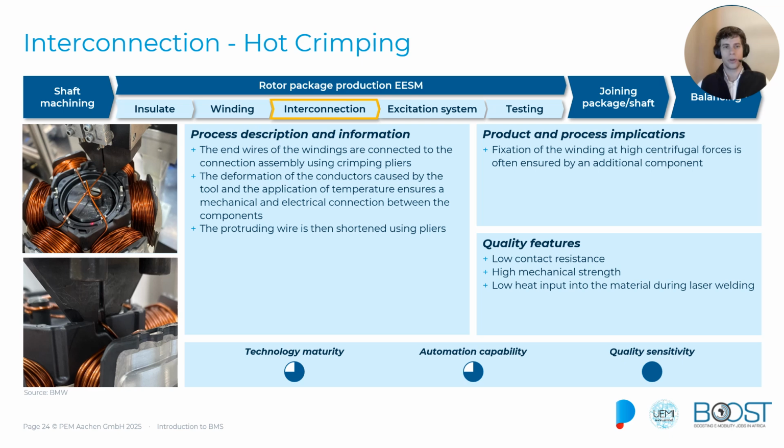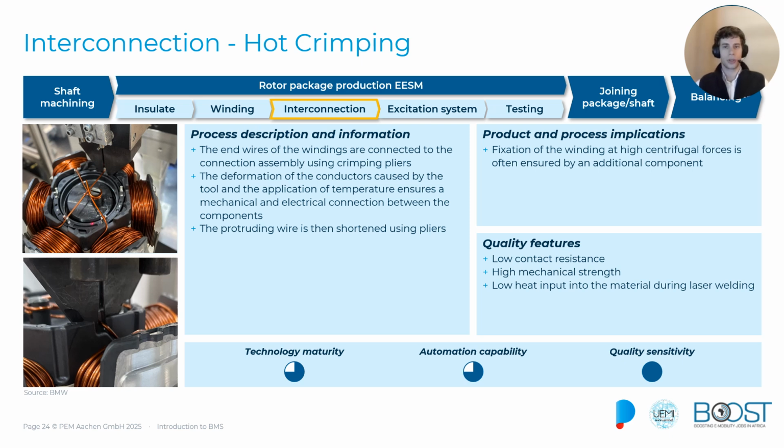The alternative technology for the interconnection is hot crimping. It involves using heat to secure wire connections with metal sleeves or terminals.